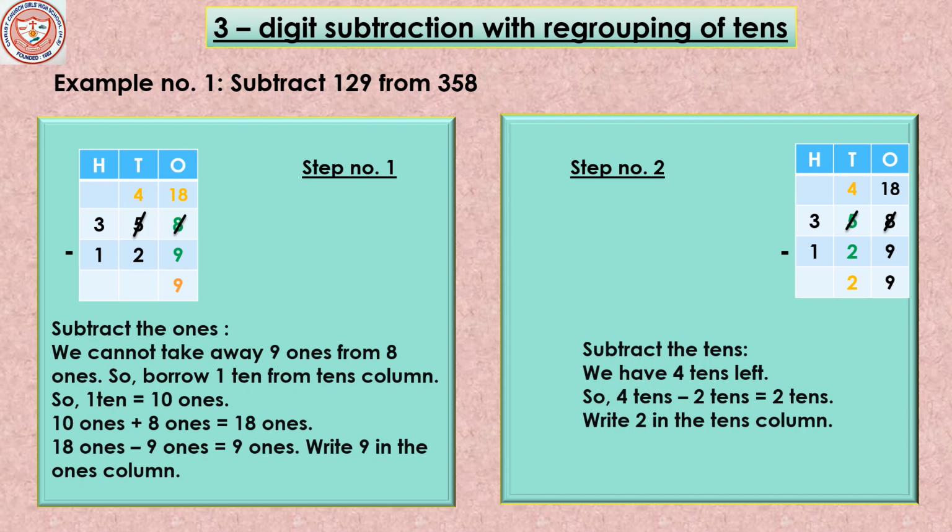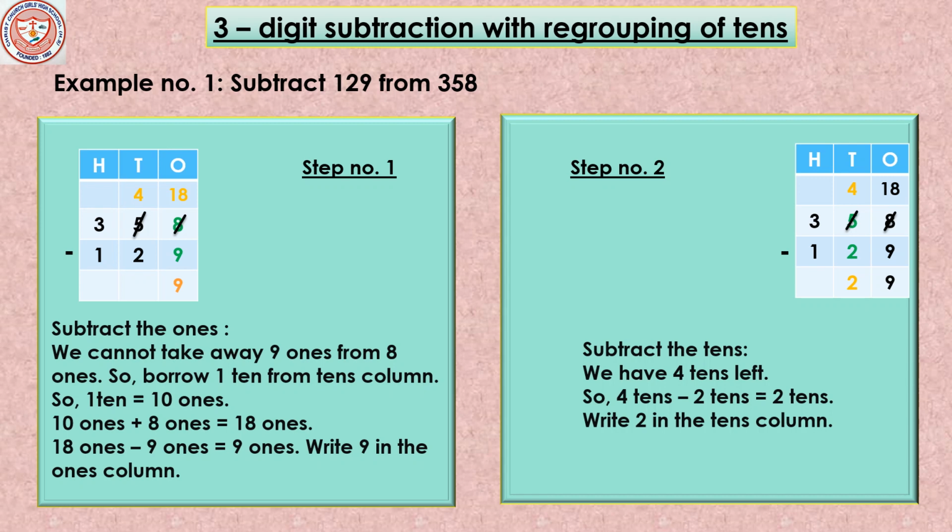Step number 1. Subtract the ones. Here, in the ones place, 8 ones and 9 ones are there. It means we have to subtract 9 ones from 8 ones. But we cannot take away 9 ones from 8 ones.